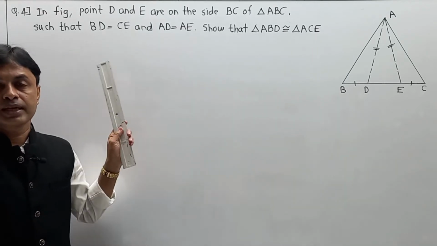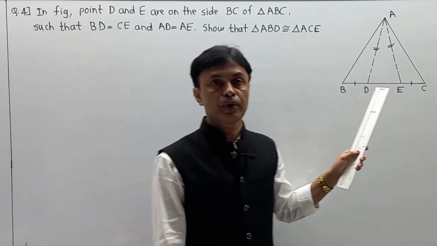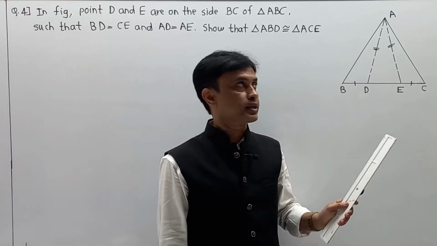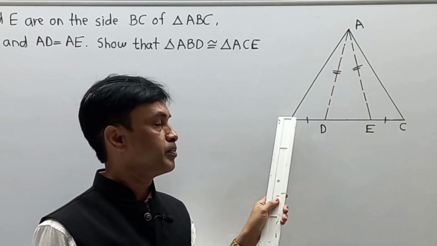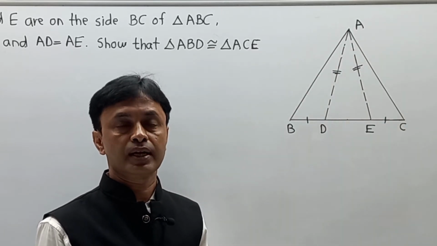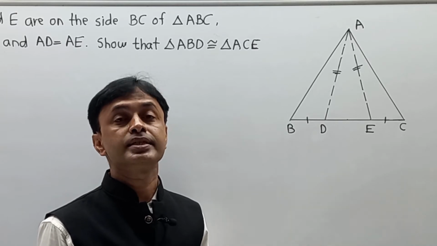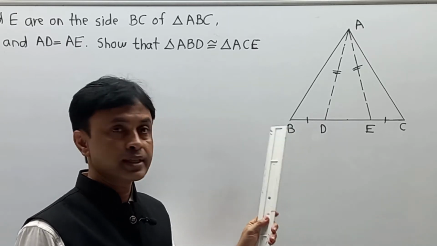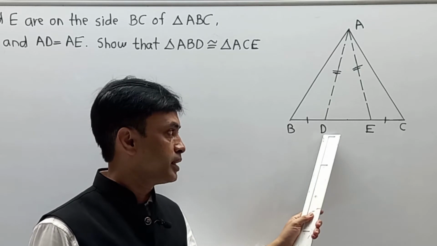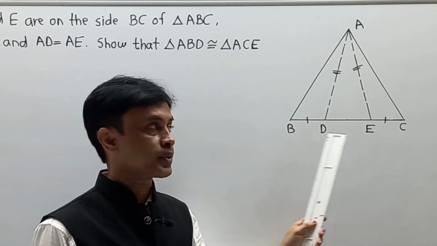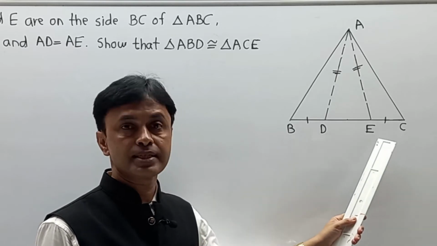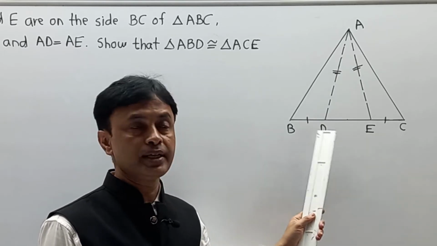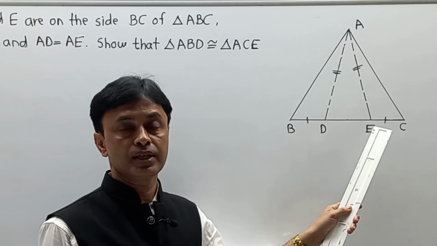Now I am going to explain the same question from the diagram point of view so that your concept is cleared. They have given first triangle ABC, a given triangle, and they have drawn some additional part. Their first condition, BD equal to CE, means on the base BC there are 2 points, D and E, and the distance BD is equal to distance CE.